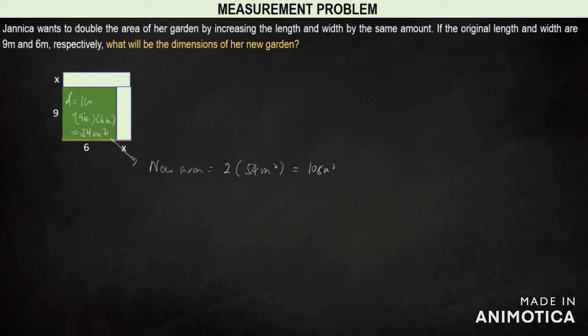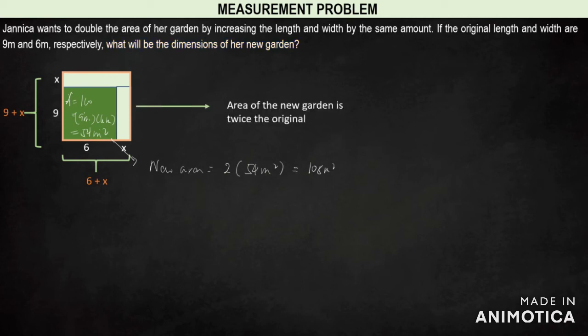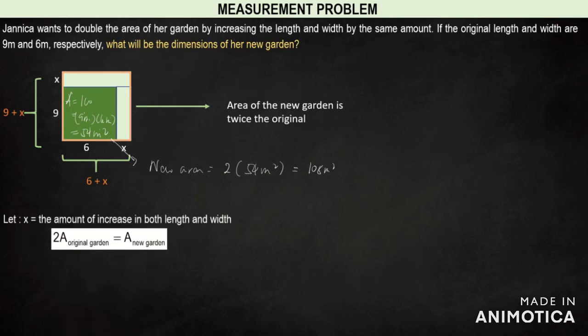So, the dimensions would be, from this, 9 plus x for the length, and 6 plus x for the width. Now, we have to find out the value of x. We let x be the amount of increase in both length and width.